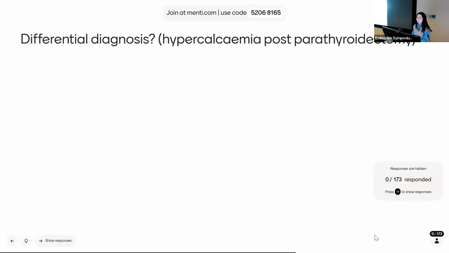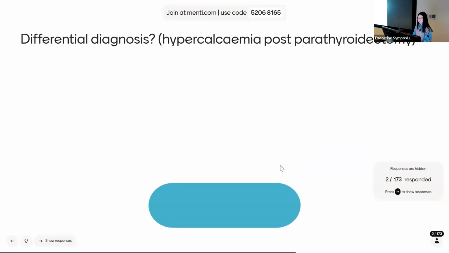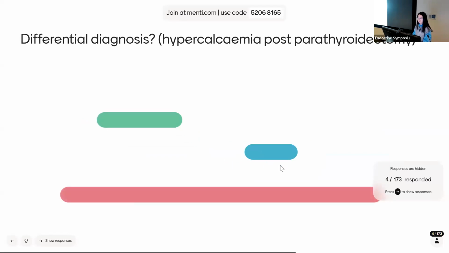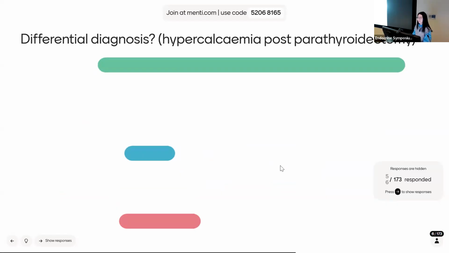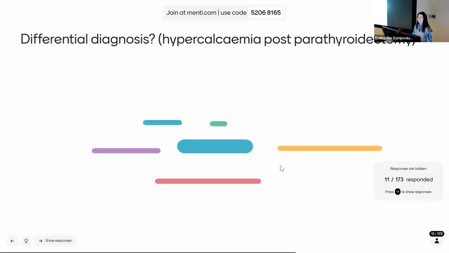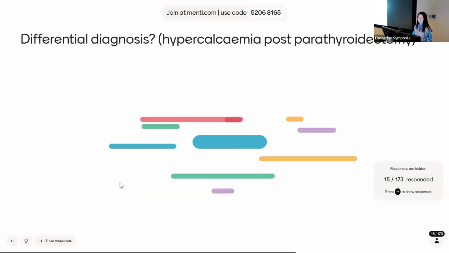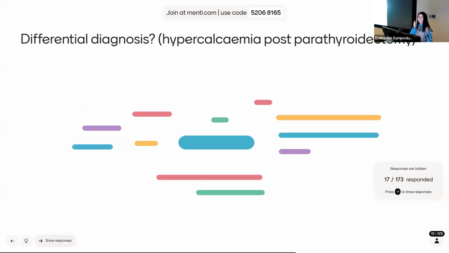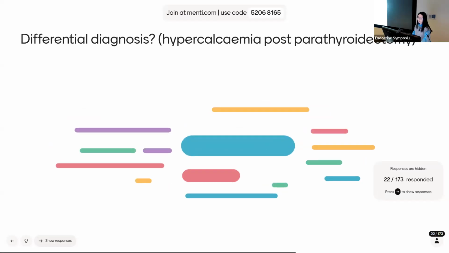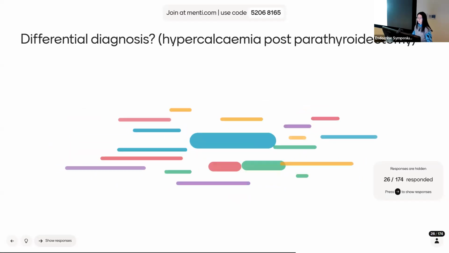If you can log on to Mentimeter. Once we reach 25, we will show the results.